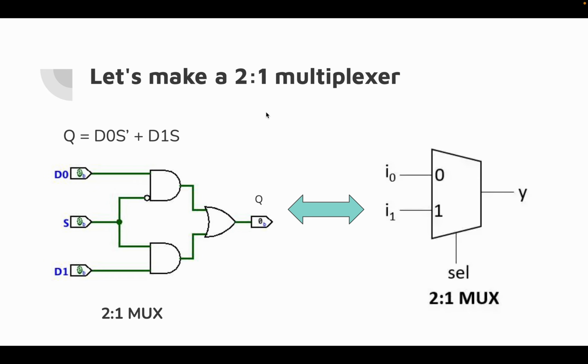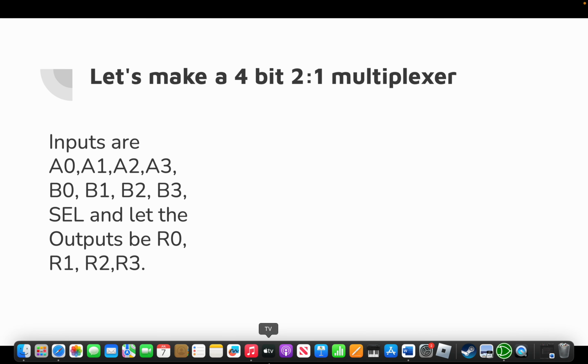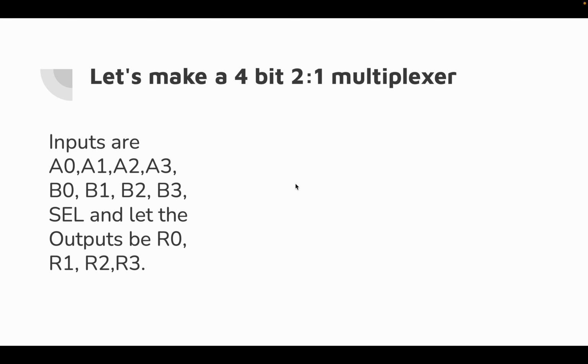So our next problem is let's make a 4-bit 2 to 1 multiplexer. And what being 4-bit means is that it's going to have 4 inputs with 2 different values. For our inputs, we're going to have A and B, but they're going to be listed with different types of inputs, and each is going to be 4 bits.